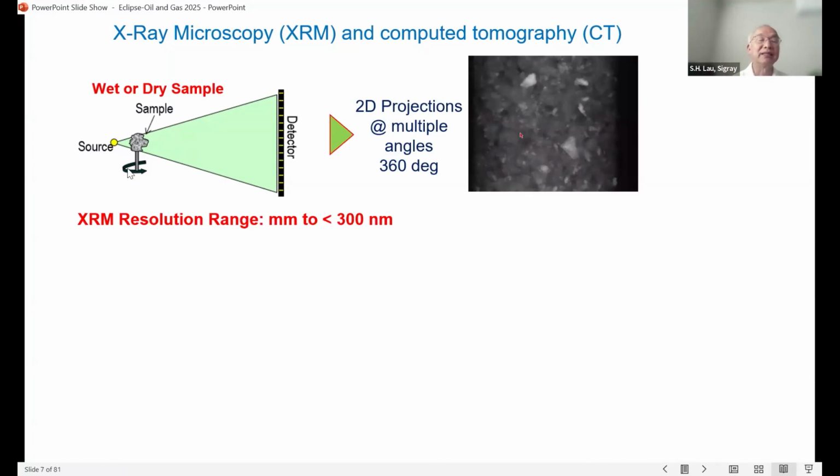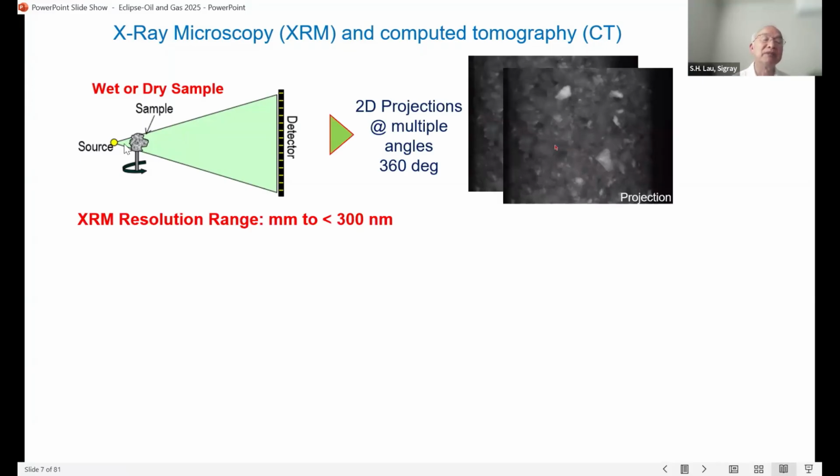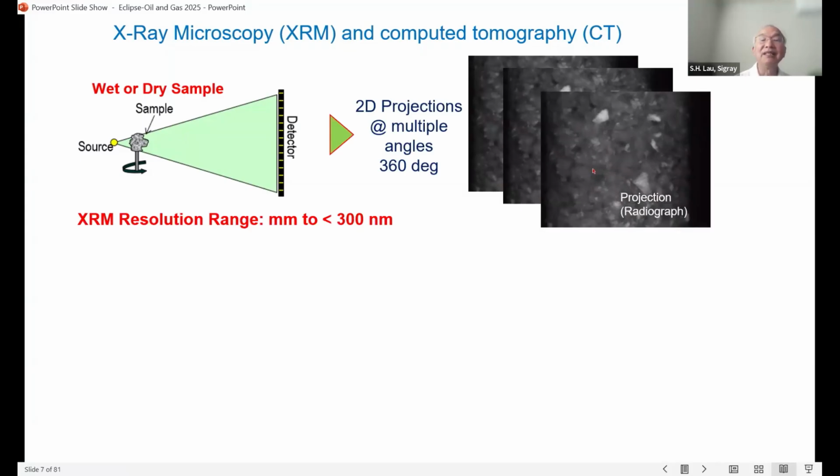Now you rotate the sample, maybe a quarter of a degree, and you get another slice. You rotate again, you get another slice. Imagine you rotate 360 degrees, projecting an image every quarter or every half a degree.